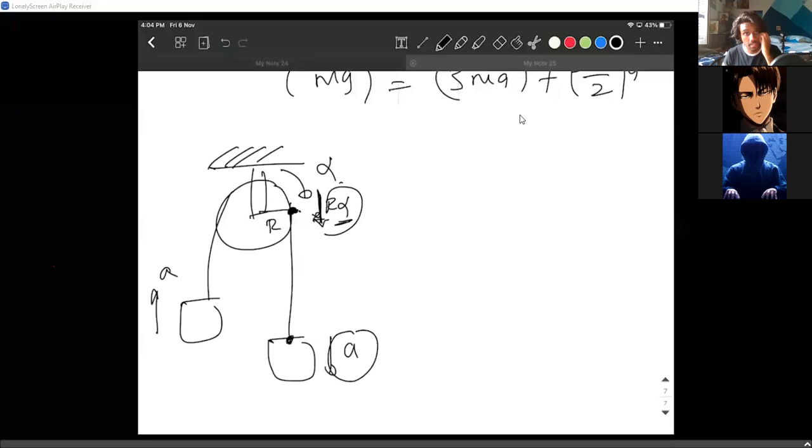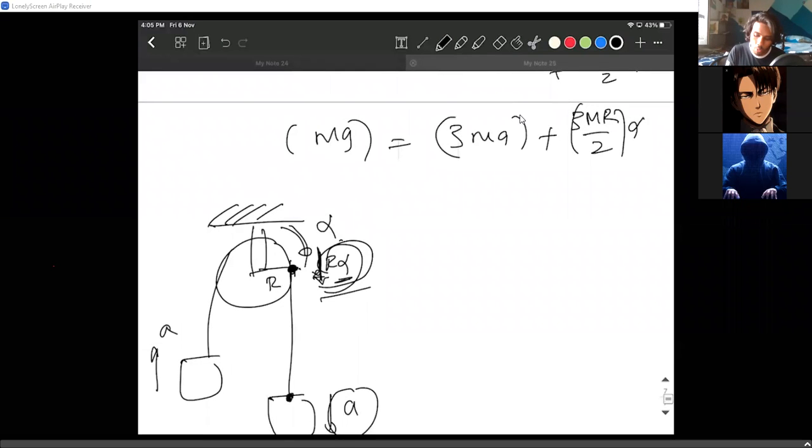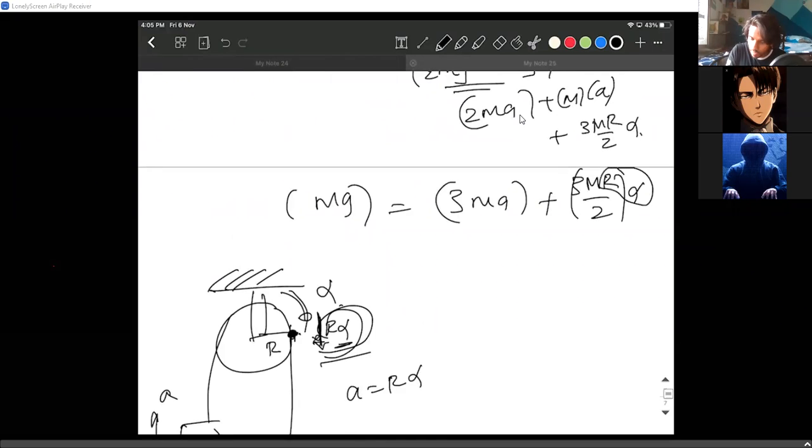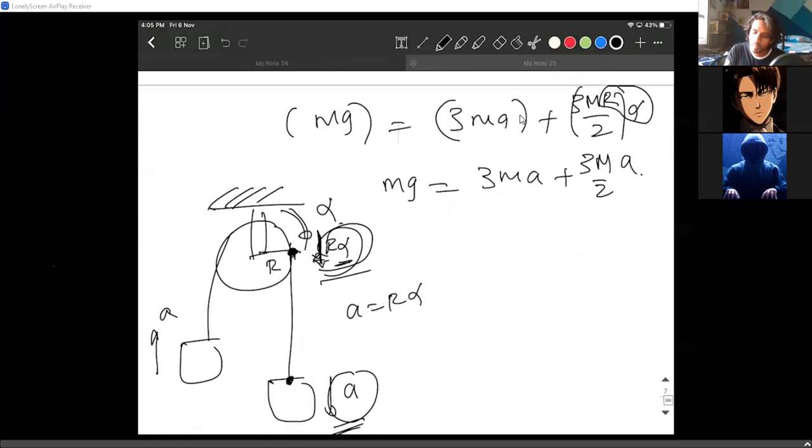Clearly observe that. The point on the string has R alpha from the rotation, but it is connected to the block which is also going with a linear acceleration A. They have to be equal, otherwise the string breaks. That's the constraint relation. So I'm going to use A equals R alpha. That R alpha will be written as A, giving 3m by 2 into A. Now the problem gets really easy to solve.